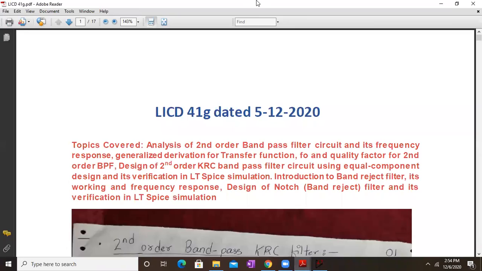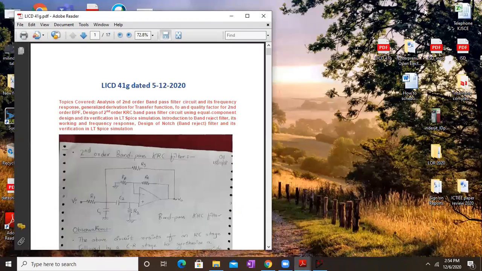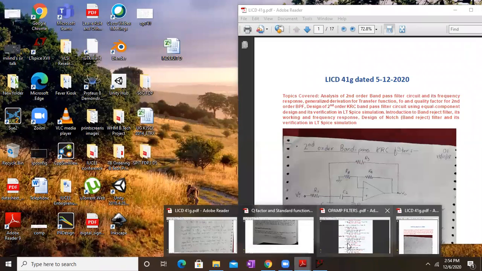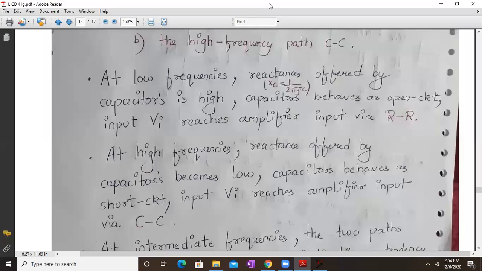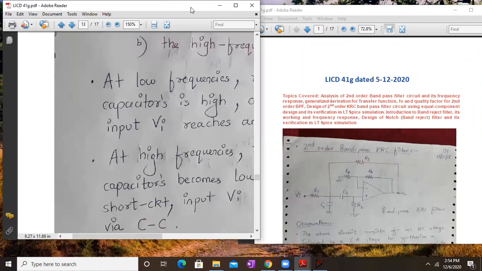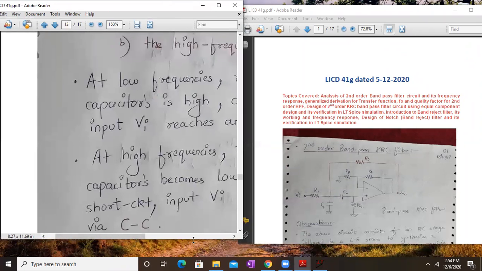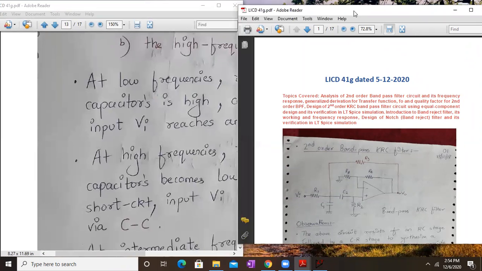I can place this over here, and the second PDF I will open over here. That's fine now. We have both the PDFs, the same PDF, but for explanation I have to keep one PDF open for the diagram purpose.